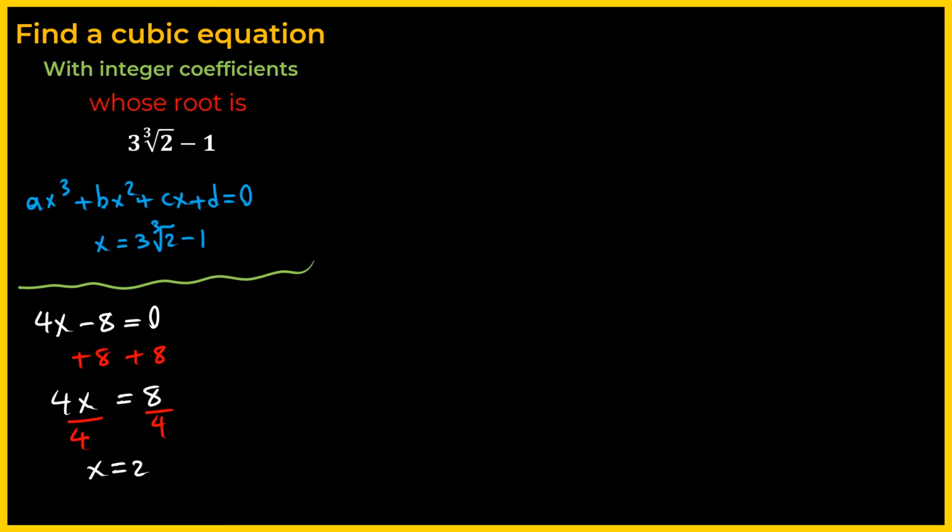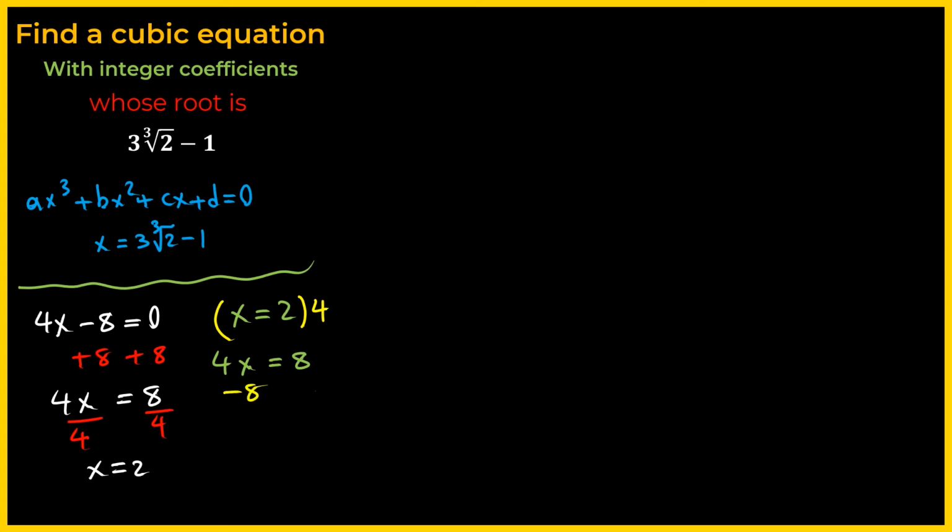So we can manipulate the given equation and solve for x, but we can do the opposite too. We can use the given solution and manipulate it and find a corresponding equation to this solution. For this case, if x equals 2, we can multiply both sides by 4, so we get 4x equals 8.